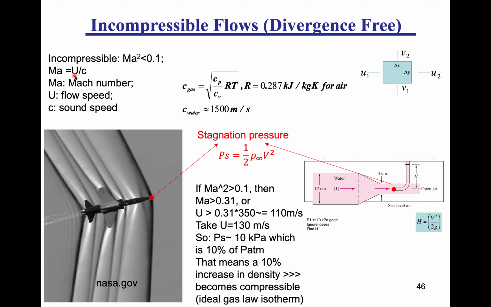So when your Mach number is close to 1, that means you're flying close to the speed of sound. And when does my divergence-free flow cease to exist because of compressibility effects? That's when my Mach number squared is much larger than 0.1.